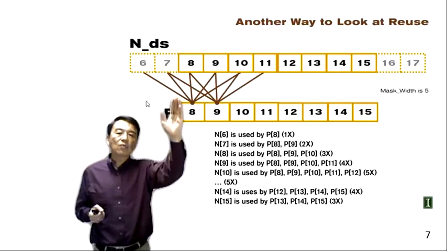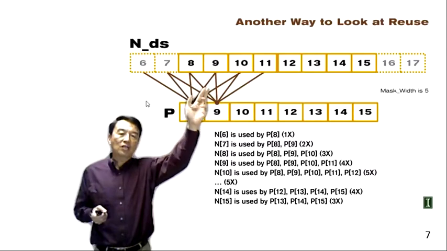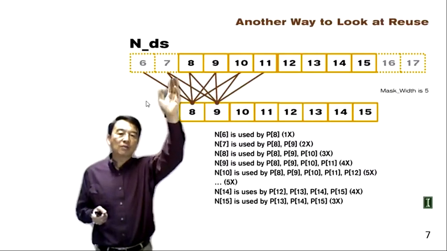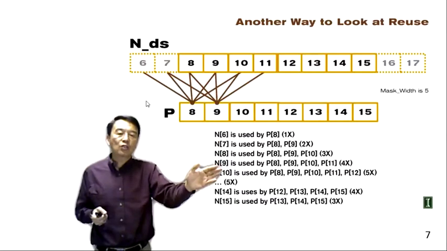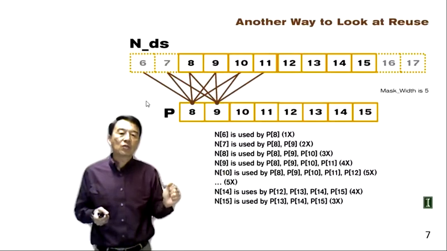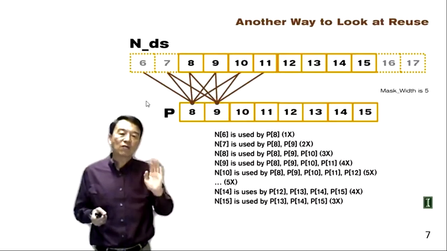So we can enumerate the number of uses of each input element that we load into the shared memory. If we continue this enumeration, we see that element 9 in the input is going to be used to calculate elements 8, 9, 10, and 11. So 9 is going to be reused 4 times.